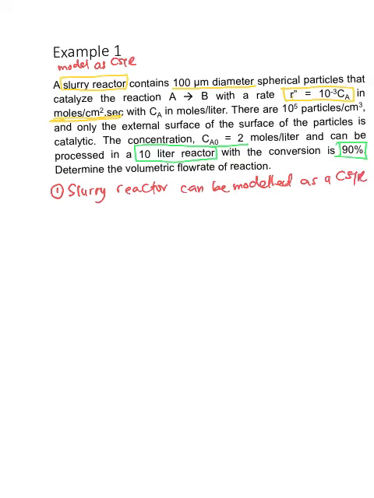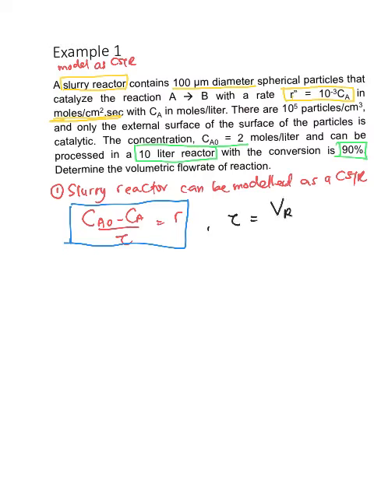So write the mole balance of CSTR: Ca0 minus Ca per tau equal to R. So this is the mole balance equation for the slurry reactor. Okay, and because the question asks you to calculate the volumetric flow rate, automatically it will relate with space-time. So tau equal to volume of reactor divided by volumetric flow rate.